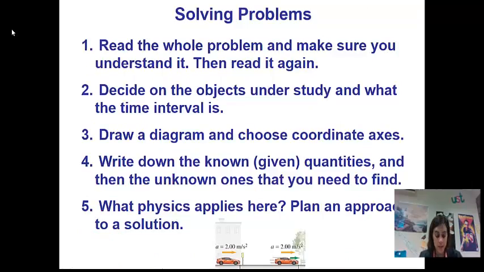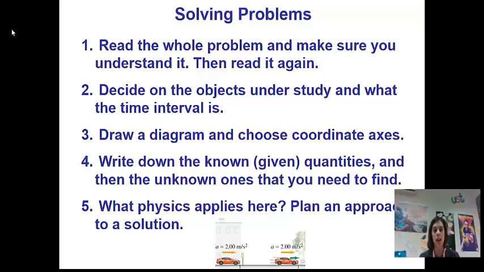Okay? So, anytime you're going to read a problem, and this is really important in the free response questions for the AP exam, you have to show your work. Pictures are always important. So read the whole problem, make sure you understand it, then read it again, make sure you really understood it.